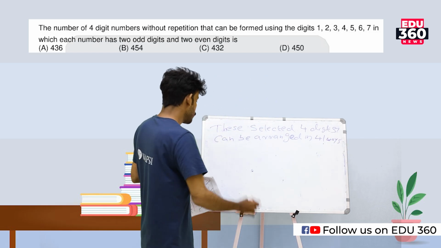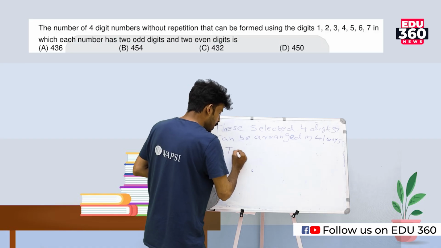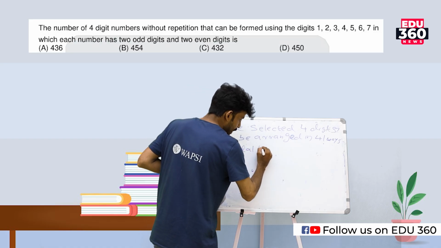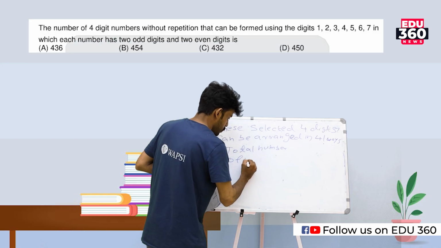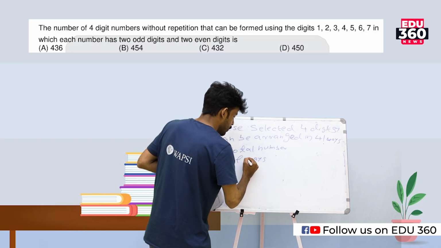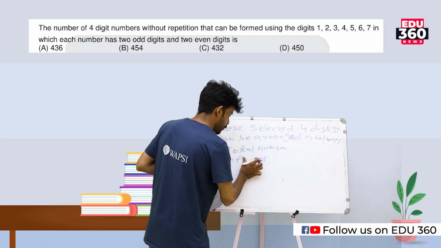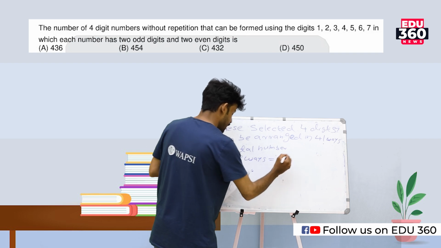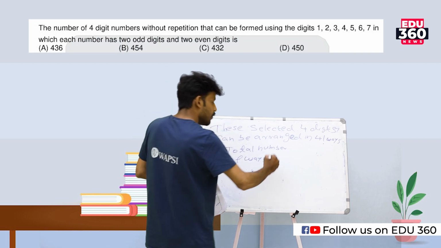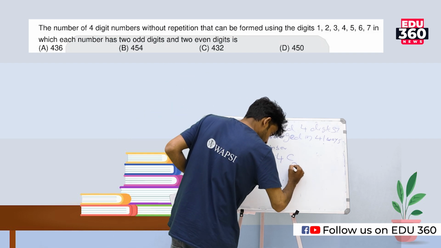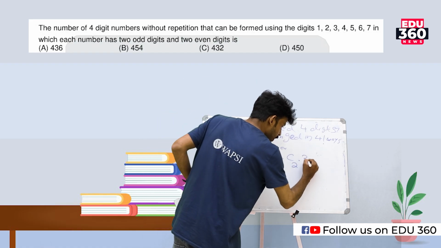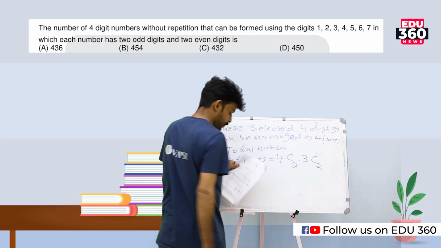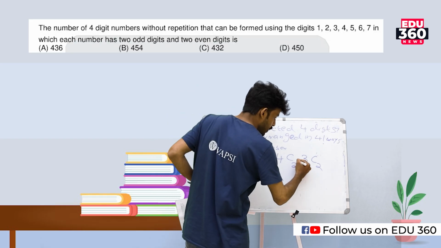Therefore the total number of ways is equal to 4C2 into 3C2 into 4 factorial.